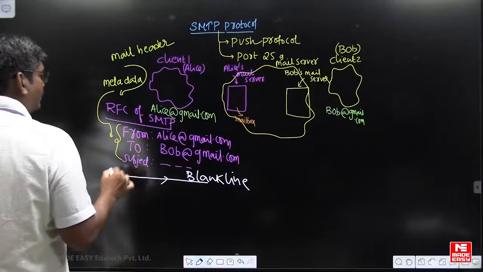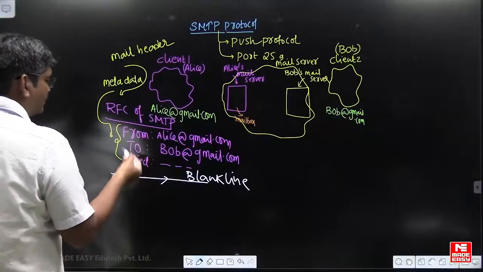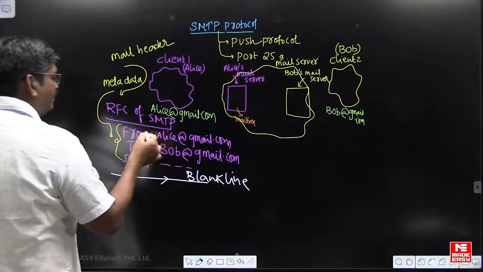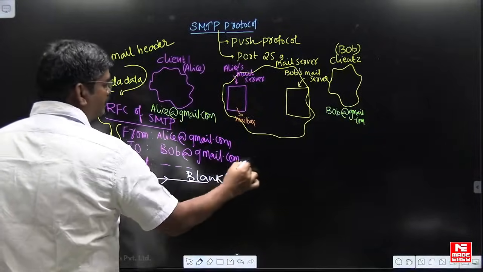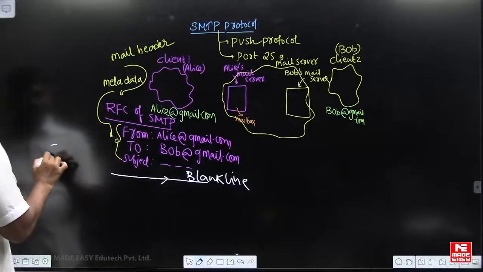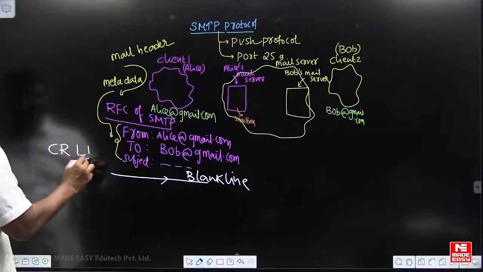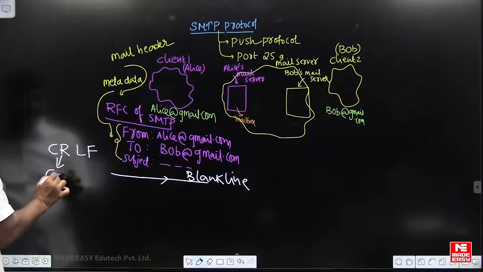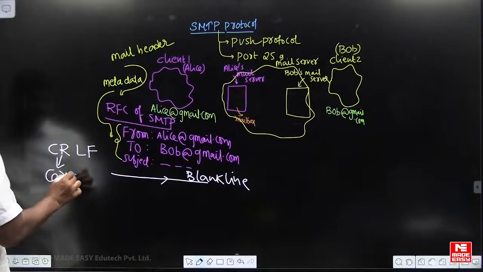And not only that, for every From, To and Subject line, at the end the syntax tells that you will have CR LF, that is carriage return and line feed.